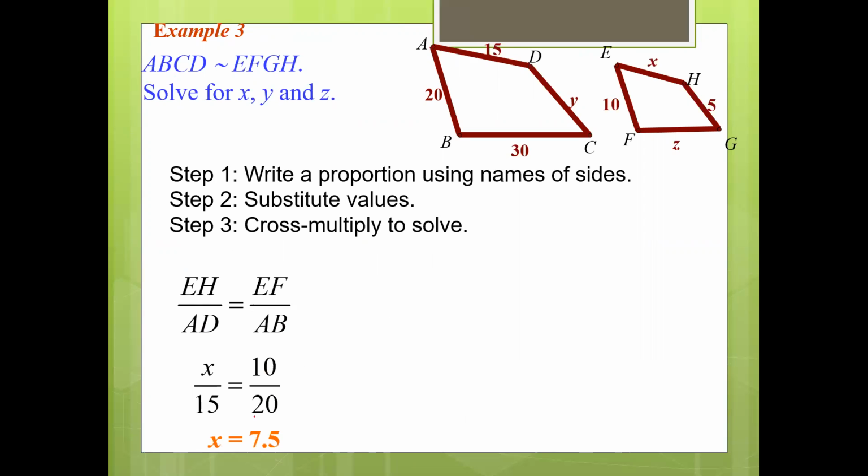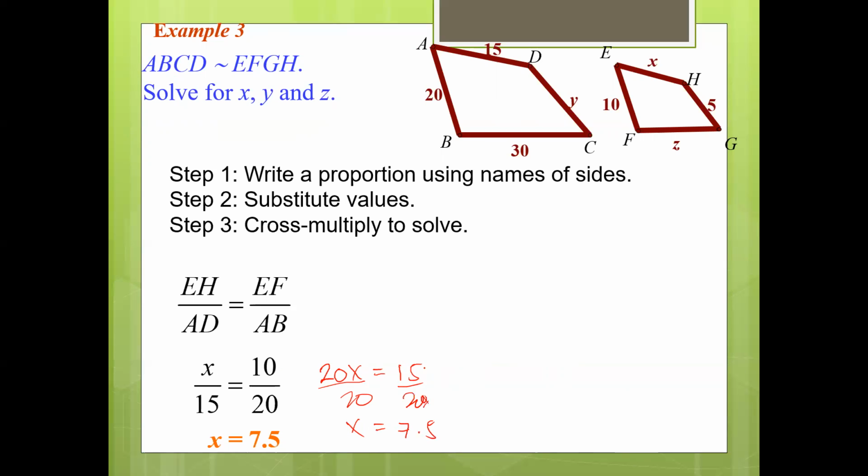So x equals 7.5. If you are confused, let's simplify this. 15 times 10 is 150, divided by 20 on both sides. Most likely you will get 7.5. If you cancel the 0, 15 divided by 2 is 7.5.